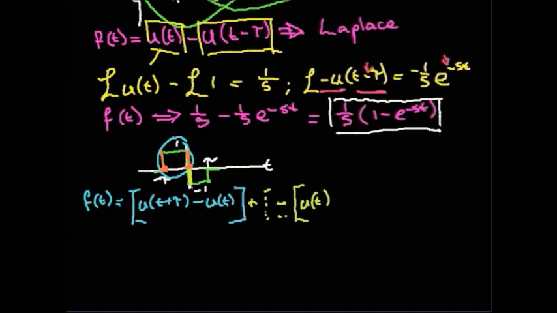Can you see that? Minus, and that's the u of t. That's my switch on point. And my switch off point is at u of t minus tau. So my switch off is at u of t minus tau.